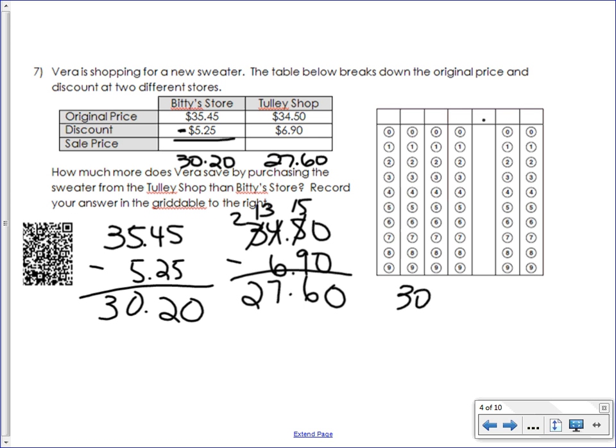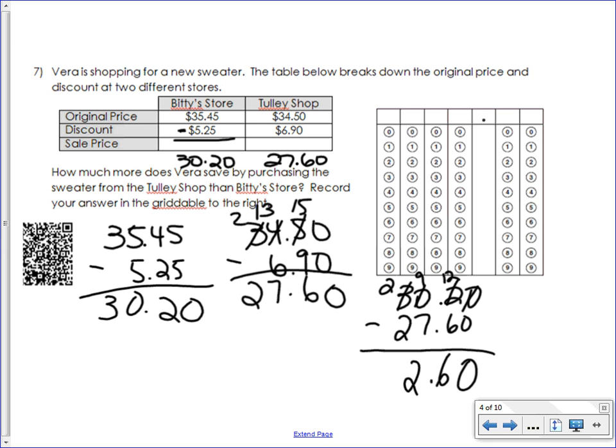So you have $30.20 minus $27.60. Borrow. No, you don't. Not yet. Now you've got 12 minus 6 is 6. 9 minus 7 is 2. 2 minus 2 is 0. Your answer is $2.60.